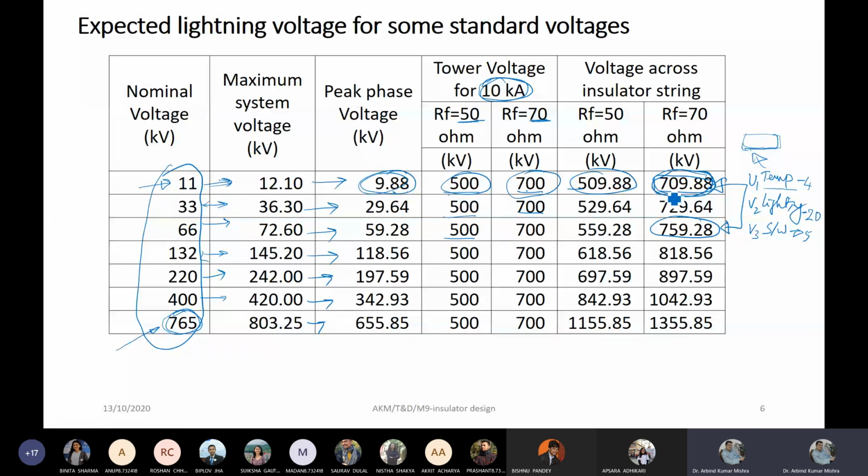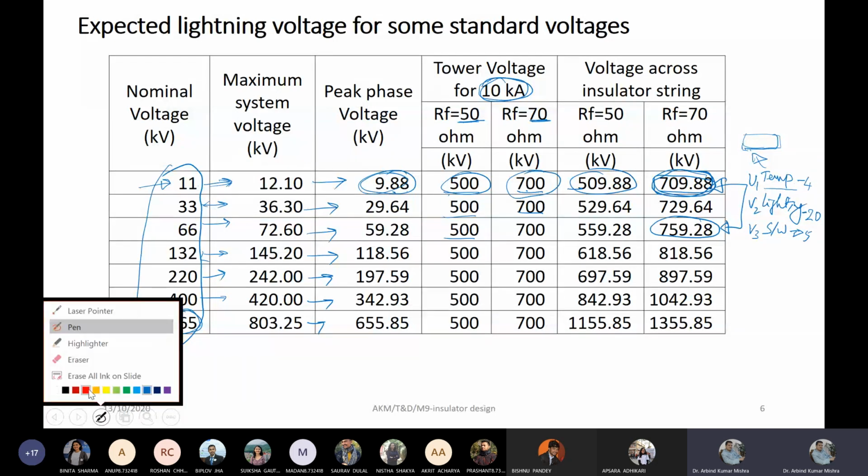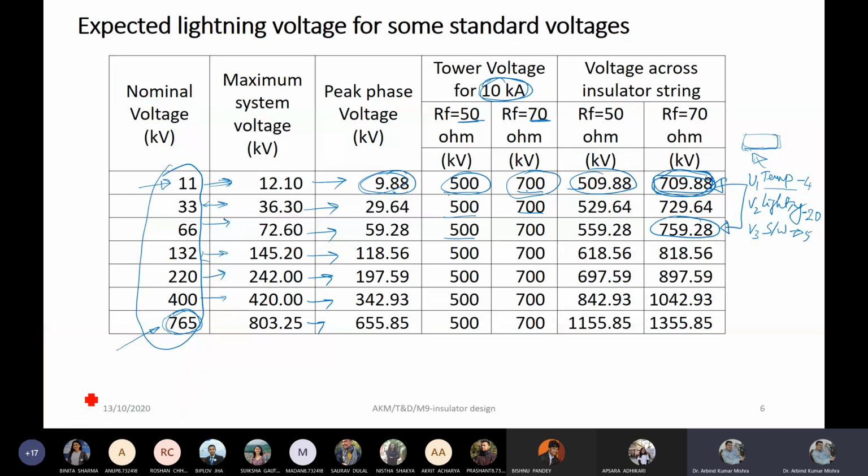This is the case usually seen here. That's why I explained that this is definitely not an optimum scenario, isn't it? Because just because of the lightning, you require a very high number of insulators in the design.